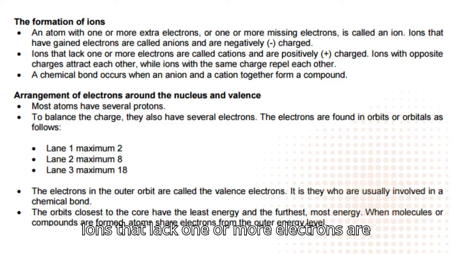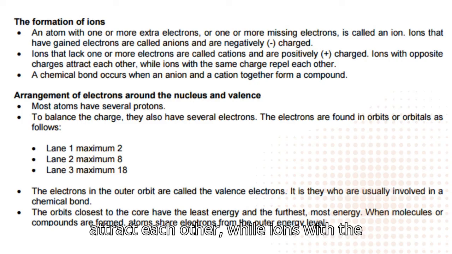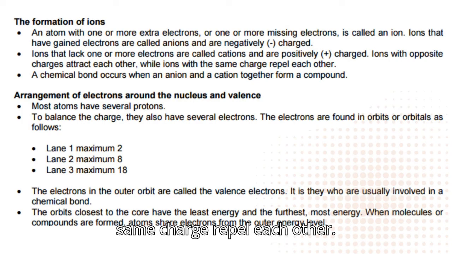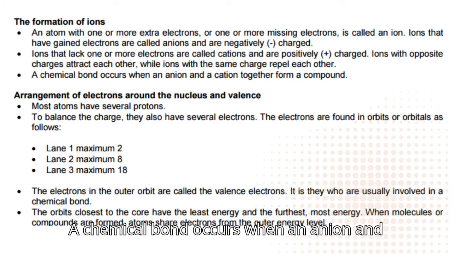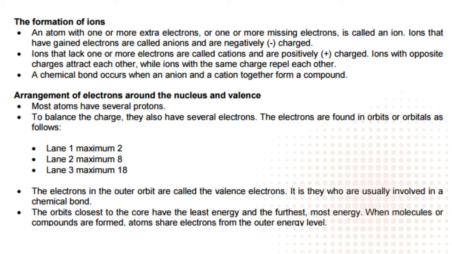Ions that lack one or more electrons are called cations and are positively, plus, charged. Ions with opposite charges attract each other, while ions with the same charge repel each other. A chemical bond occurs when an anion and a cation together form a compound.